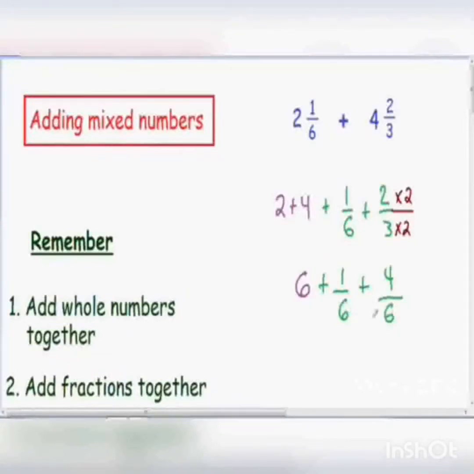Because they are 6, we can pick one of them, and we have a 6 over, then you add the numerator, which is 1 plus 4, and that will give us a 5. So, we are going to bring the whole number down. That's the next thing to do, and then we will have a 6 whole number, 5 over 6.